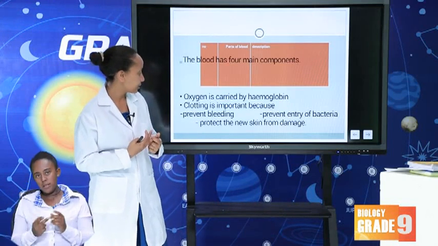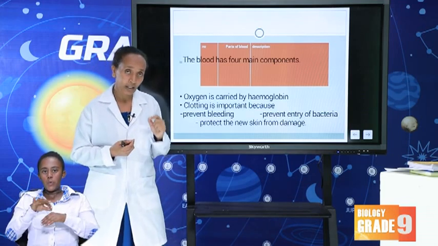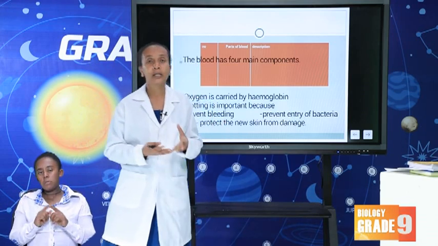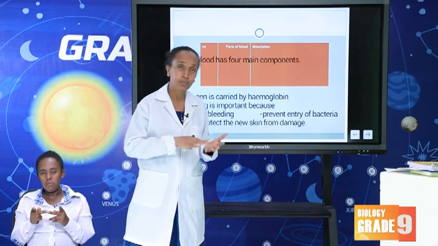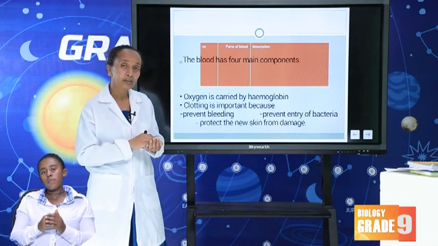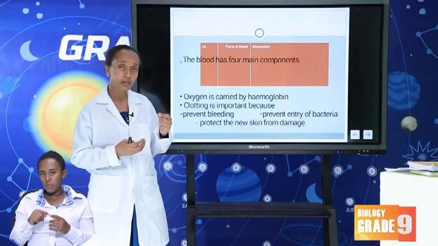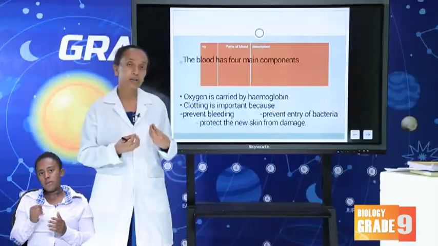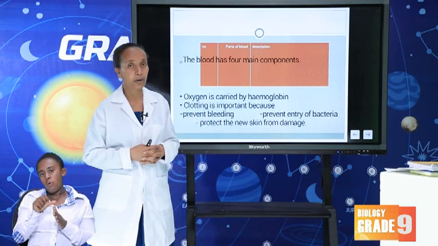And the third one is that it is used to protect new skin from damage. Again, when someone is injured and the injured part of the body starts to be covered by the process of clotting, this part starts to synthesize new skin under the injured portion, and this new skin is not strong enough to resist the entrance of microorganisms.